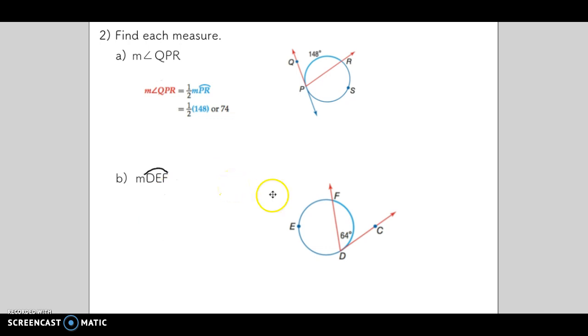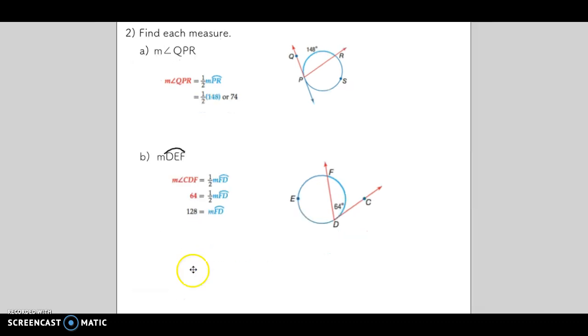Okay, what about the measure of arc DEF? The measure of this arc here, DEF. If I know that arc FD is double the angle, then what's the measure of arc FD? So let's work it out.